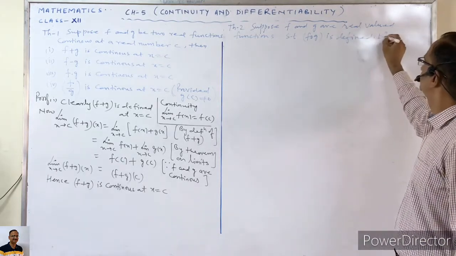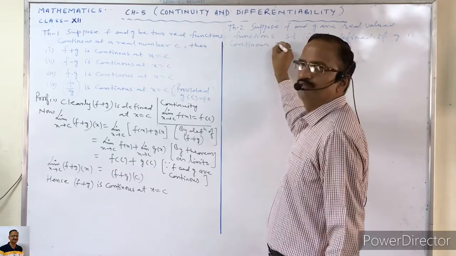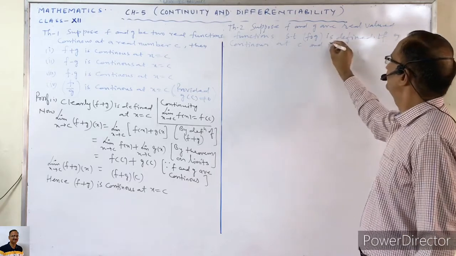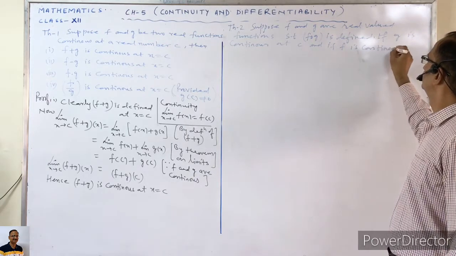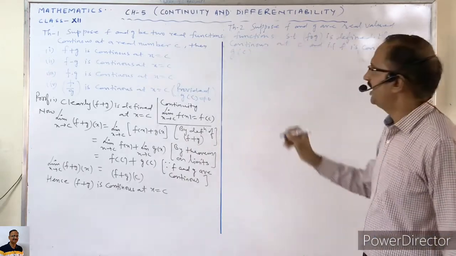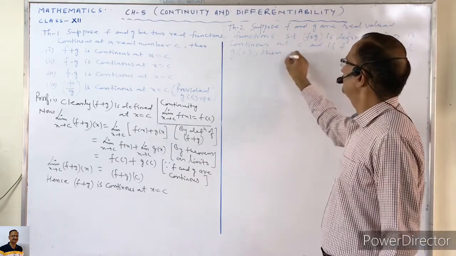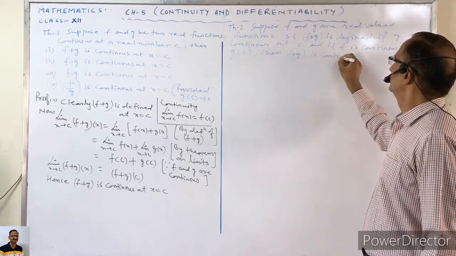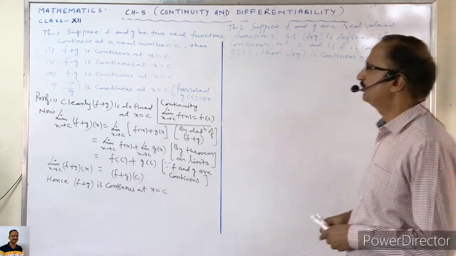If g is continuous at c and if f is continuous at g(c), then fog is continuous at c. This we have to prove.